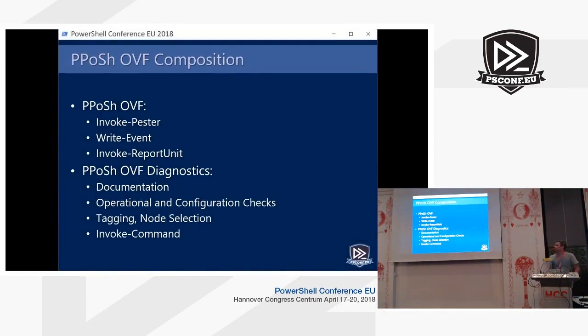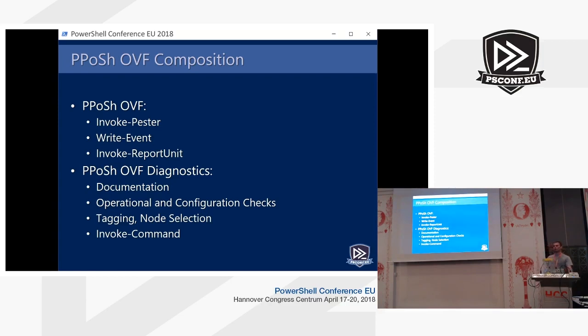Okay, just to recap. The composition of the OVF. The first module, the OVF, is responsible for invoking the Pester tests, writing to event log, and invoking the report unit. The diagnostics module right now holds the roles of documentation and of the checks themselves, allows me to tag and node select which tests I want to run, and invokes into remote systems.